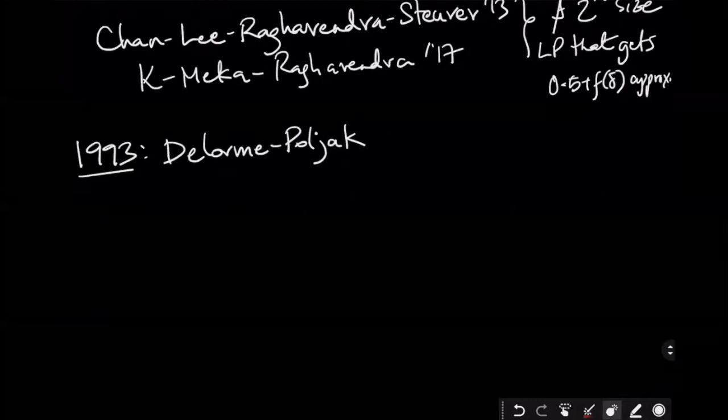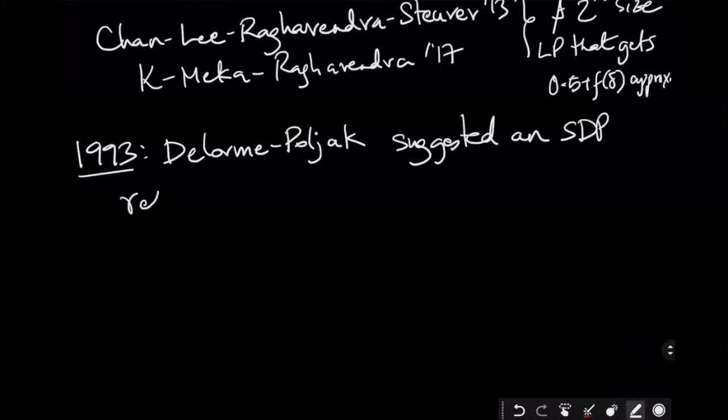A couple of years later, people realized that what they suggested is a dual of a certain semi-definite program. So we'll just call what they suggested an SDP, even though they were talking about eigenvalue certificates. They analyzed it on special classes of graphs, but didn't succeed in analyzing it for all graphs.